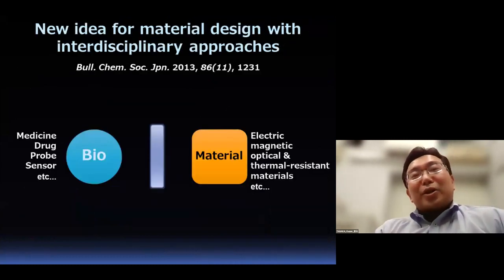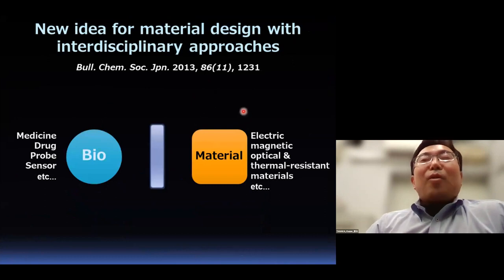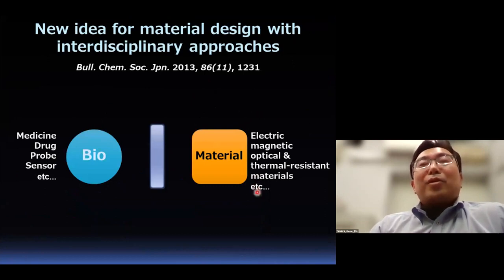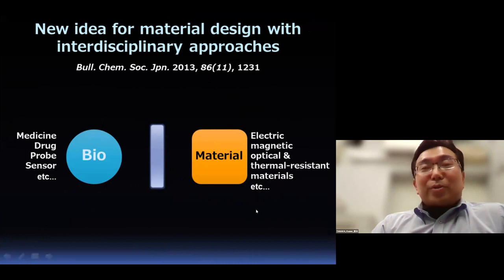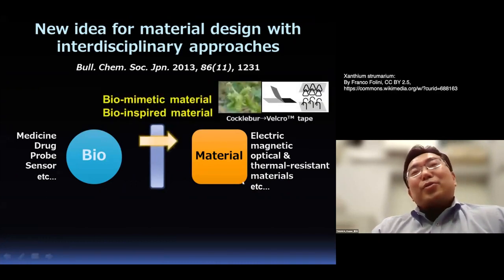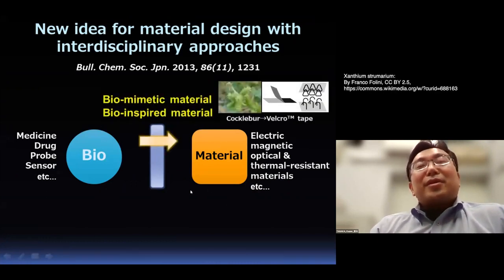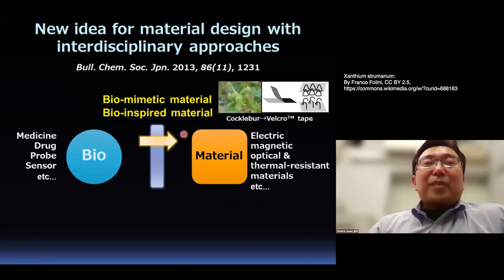Usually we are focusing on the development of functional materials based on polymers and inorganic elements. But in this research field, one effective design strategy is a concept named biomimetic materials.